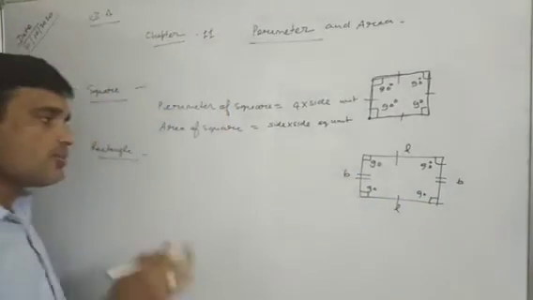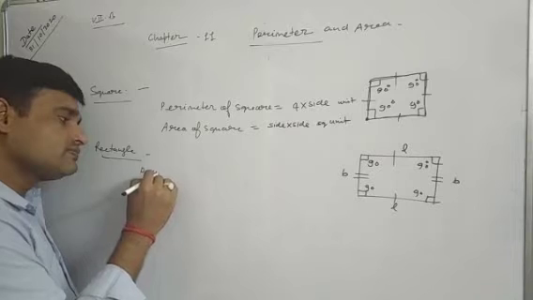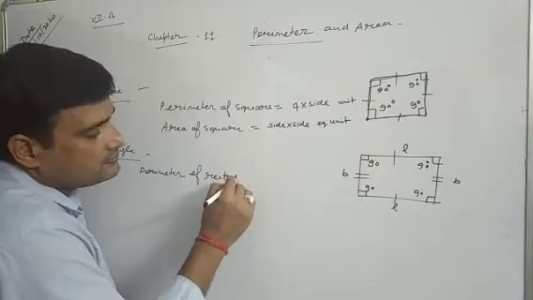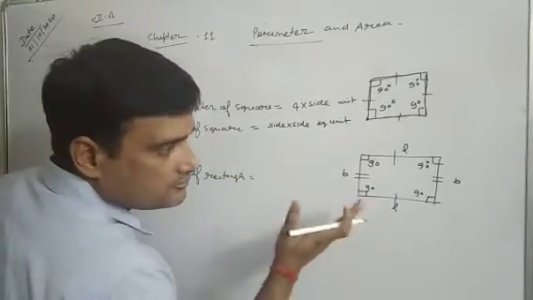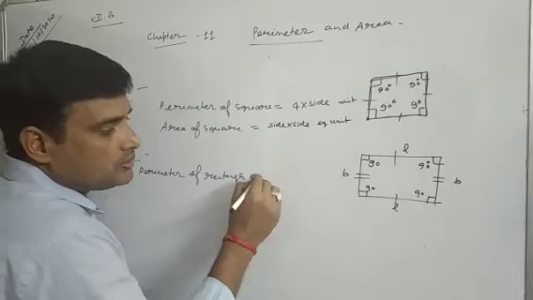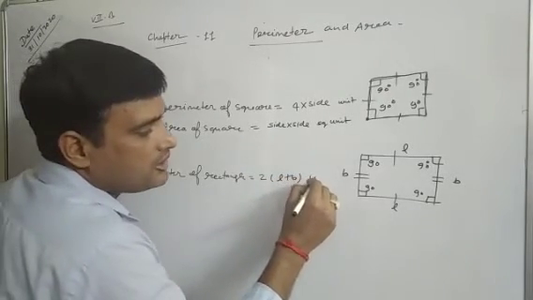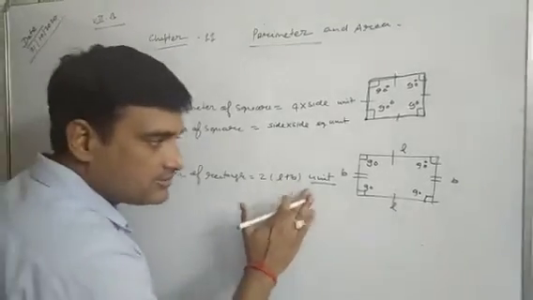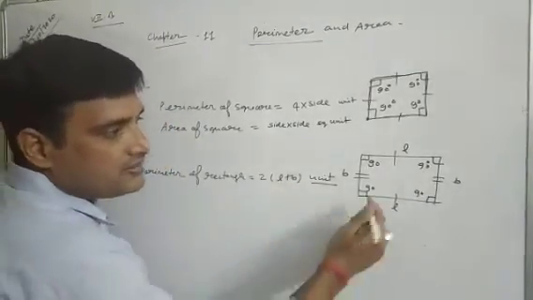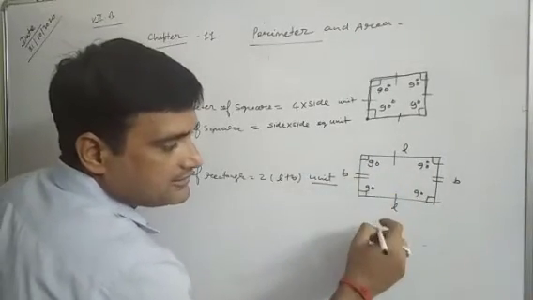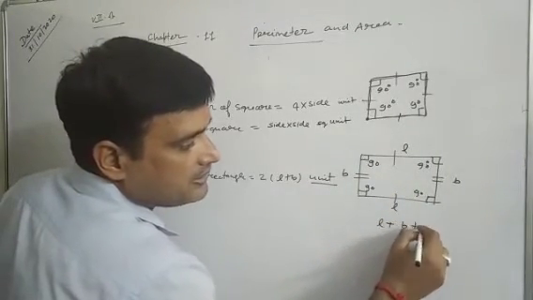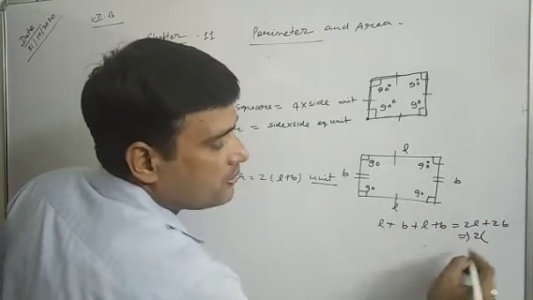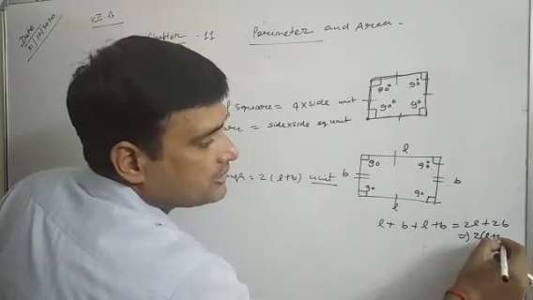Now perimeter of rectangle is equal to 2(L plus B) unit. How do we get it? We add all sides, L, B, L, B, we get 2L and 2B. Now we take 2 common, 2(L plus B) is the perimeter.